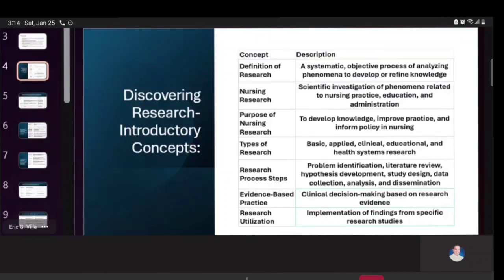The ANA, or the American Nurses Association, defines research with a more comprehensive health focus. The ANA definition of research emphasizes a holistic approach, incorporating three main dimensions.